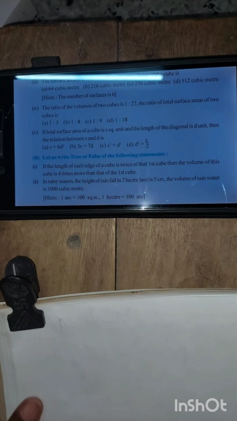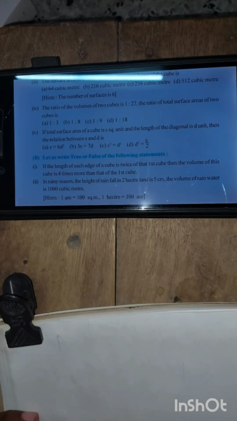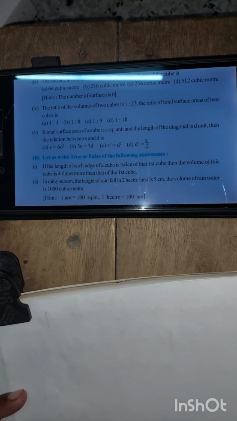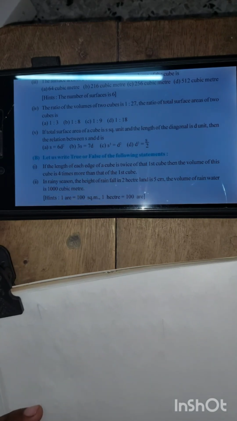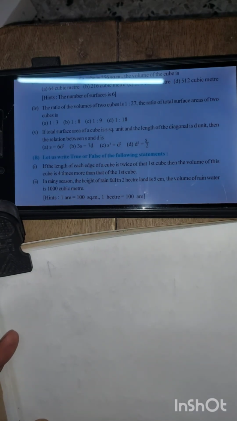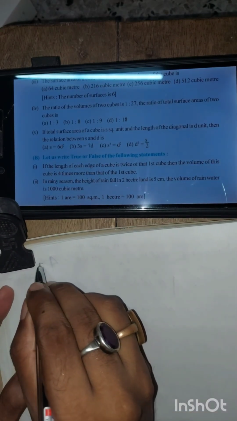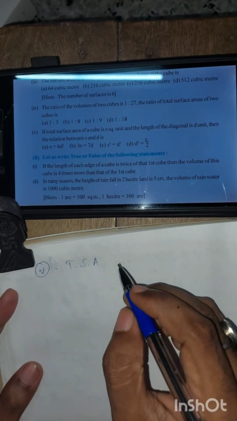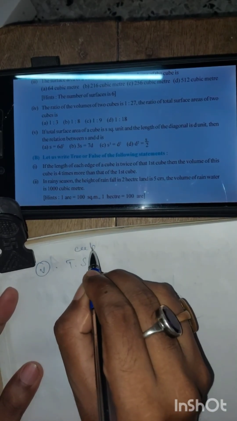Now question 5 says, if total surface area of a cube is s square unit and the length of the diagonal is d unit, then the relation between the s and d. Okay, so total surface area, we are talking about a cube.